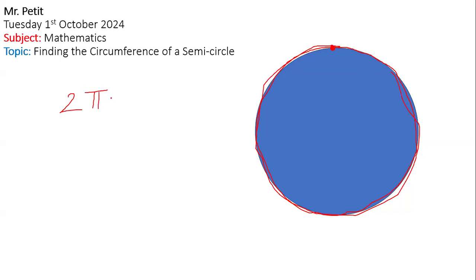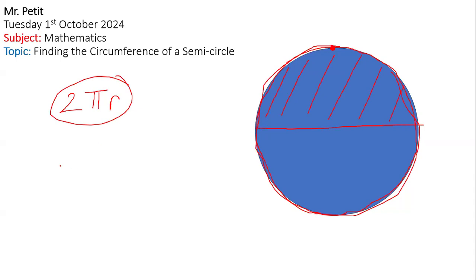So 2 times pi times r, right? But for a semicircle, we only want what? We only want half of it, right? So that means that what we're going to do with this formula? We only want half of it. Divide it by 2, right?